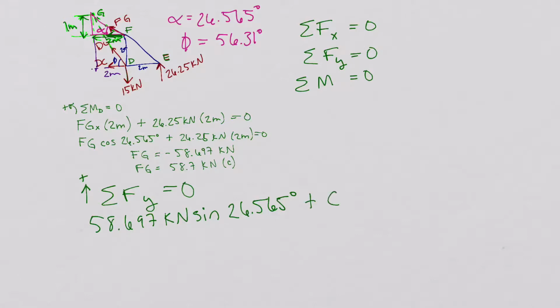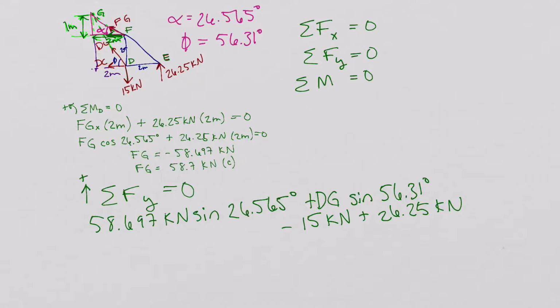Plus the y component of DG, so that'd be DG times sine of that phi, 56.31 degrees, and then minus that 15 kilonewtons, and then plus 26.25 kilonewtons.